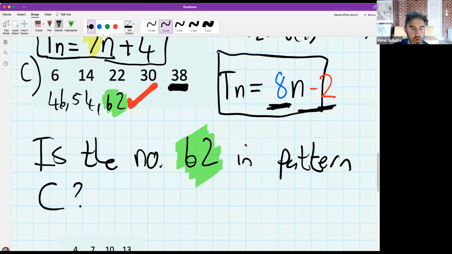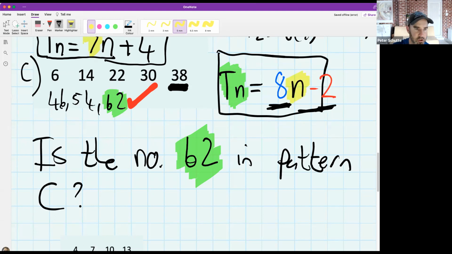But I want to show you a way of figuring this out without counting, because it will be helpful for numbers that are bigger. So let me show you this. If I look back at my formula, do you agree that Tn stands for the value of the term and n stands for the position in the pattern?